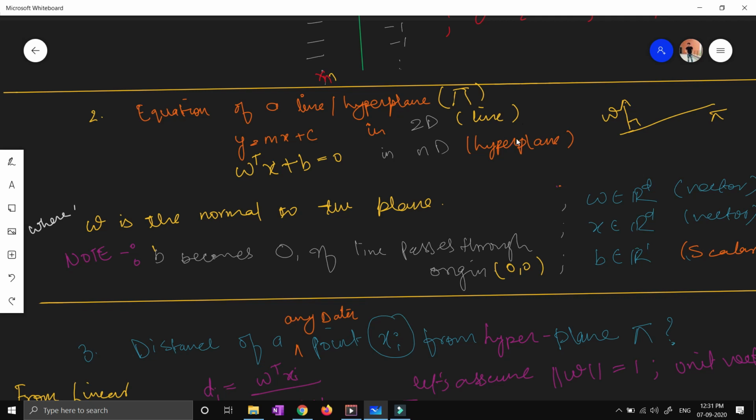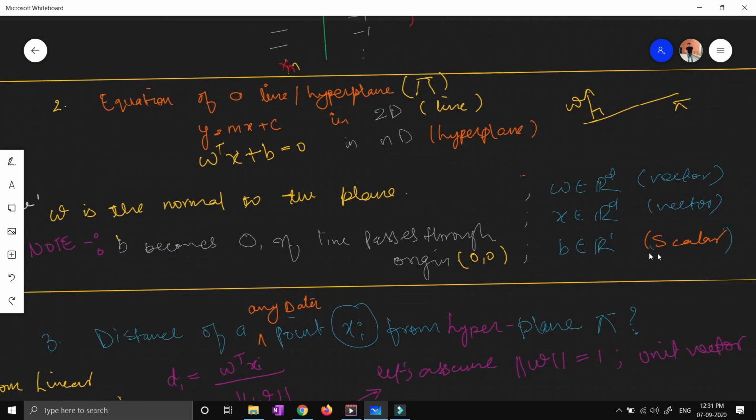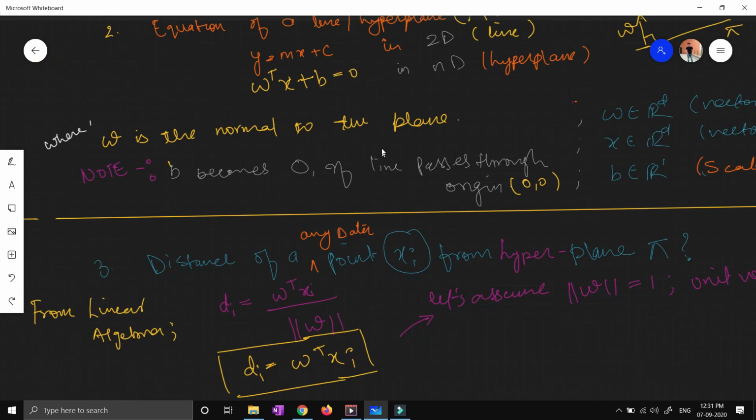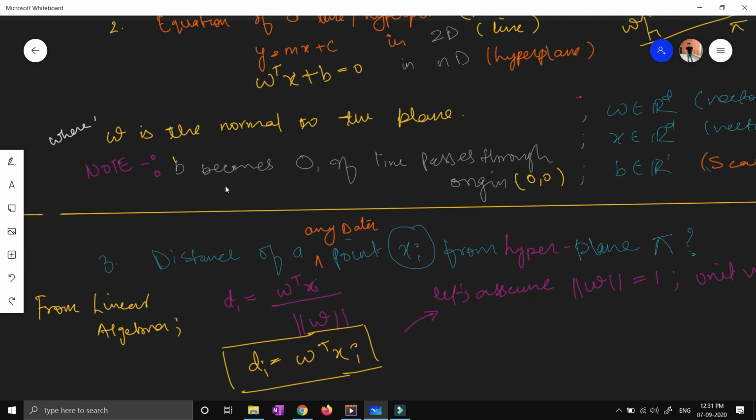Let's assume my line passes through the origin 0, 0, which means it intercepts the axes at the origin, so b equals 0. Always remember that. Here w is a vector, x is also a vector, and b is a scalar.